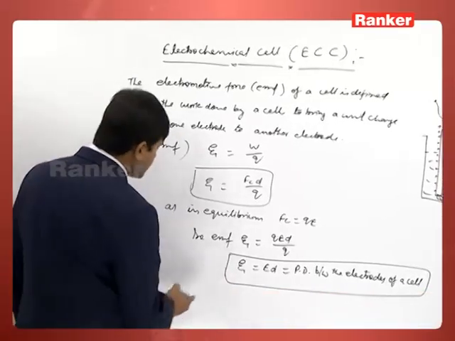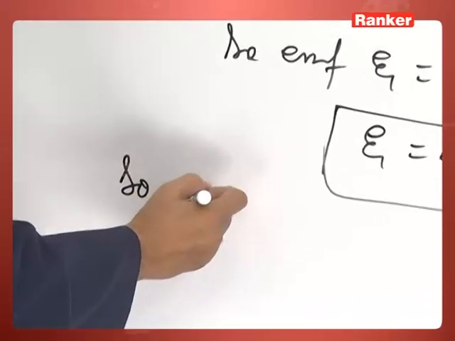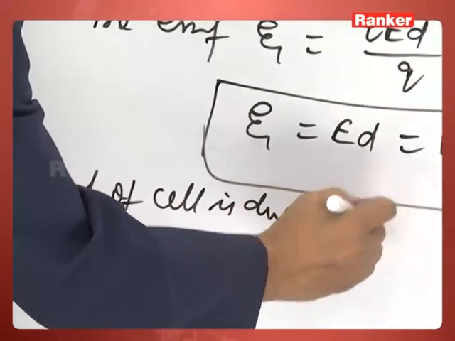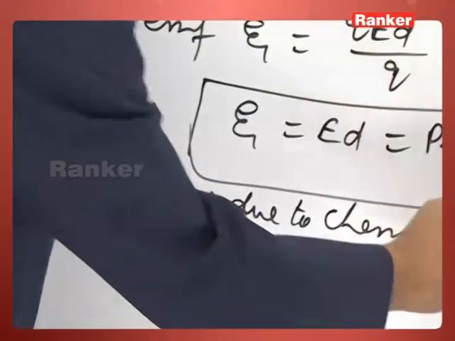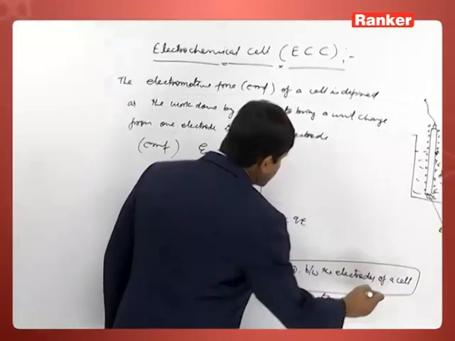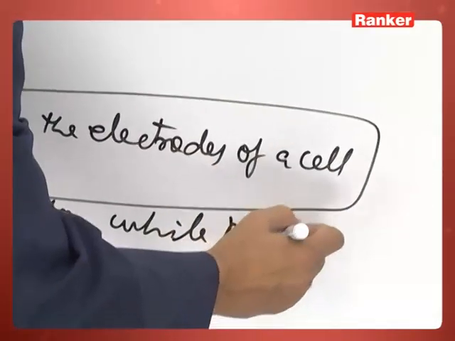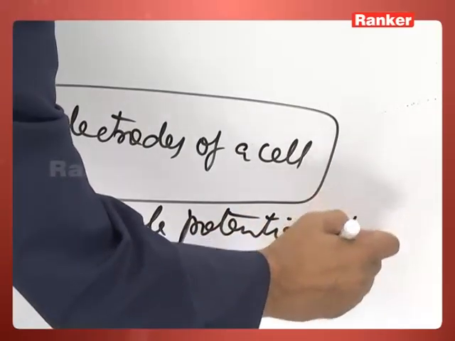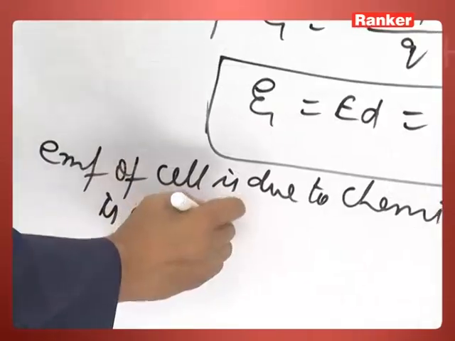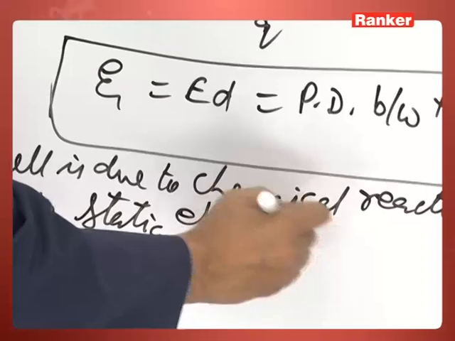So EMF of a cell is due to chemical reaction, while potential difference is due to the static electric field.